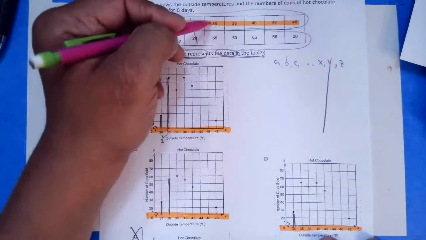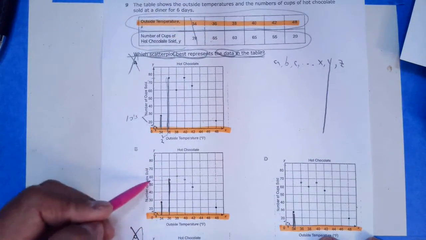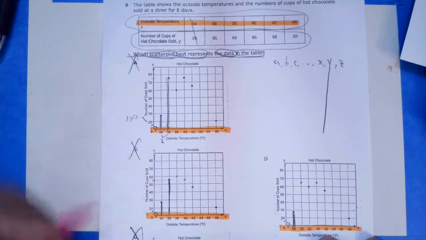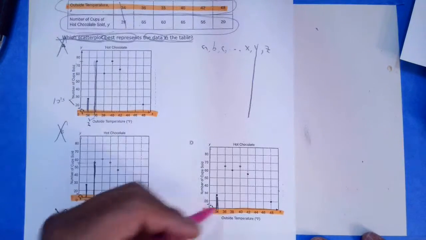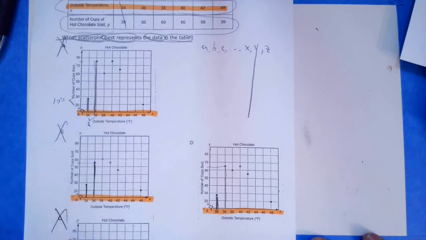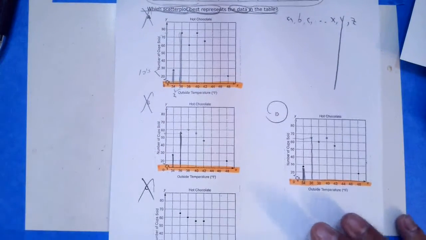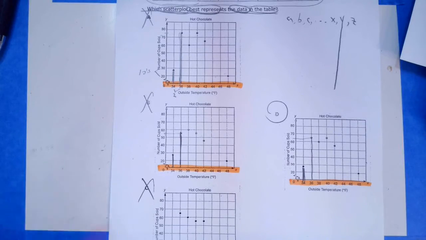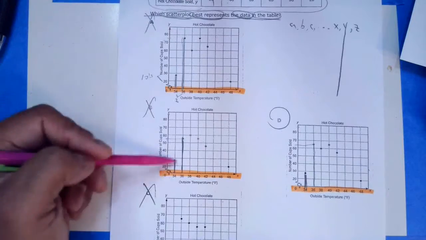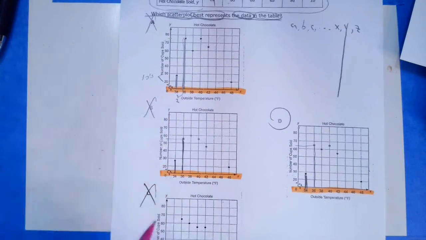Wait a minute. No. 36, 65. No. That one's out. I don't even have to look at the rest of them because these are already out for one reason or another. Okay? That's how I like my students to do it right there. Do one at a time. See if you can get some of them out. Okay?